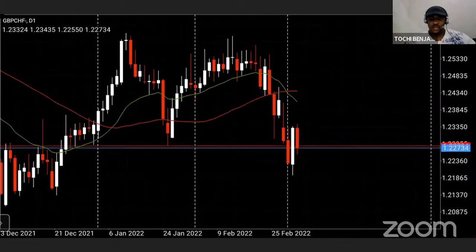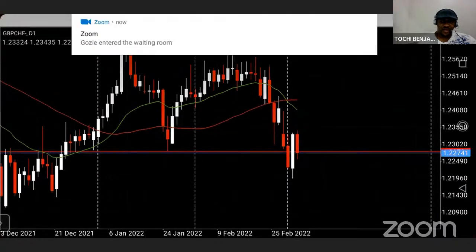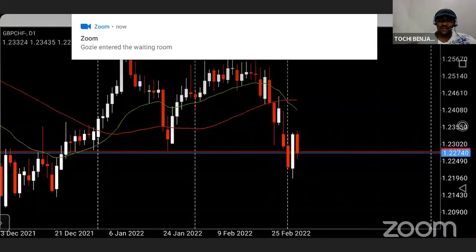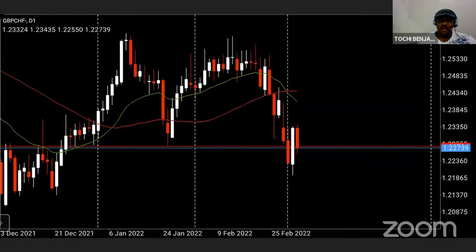All right. So what I'm saying is that now this is price. This is my price. Price is actually, let's say, on the D1 time frame. If you are looking at this market and you have not entered, you'll be looking at price coming back to touch this moving average.